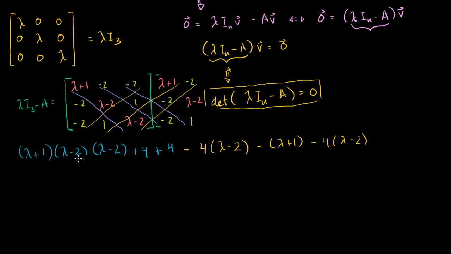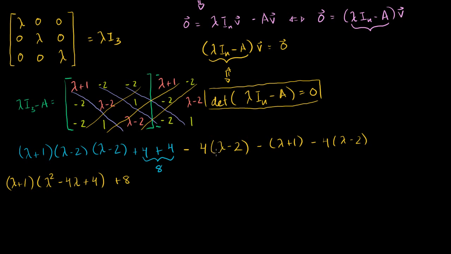So this blue stuff over here, these guys right here become an 8. And then this becomes lambda plus 1 times, if I multiply these two guys out, lambda squared minus 4 lambda, right? Minus 2 lambda and then minus 2 lambda. So minus 4 lambda plus 4. And then I have this plus 8 here.